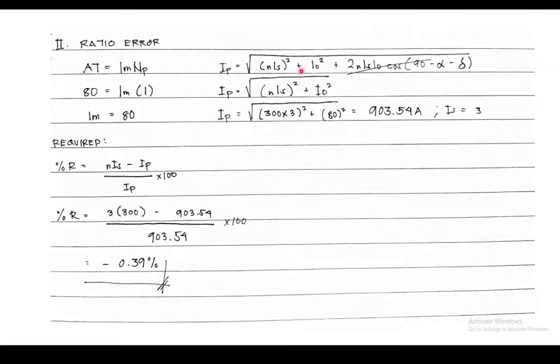Ngayon, since yung alpha natin ay magiging 0, because yung no load current is neglected, saka yung delta natin is magiging 0 din kasi yung load natin is purely resistive or in unity. Ang lalabasan nito is magiging cosine 90 na lang.